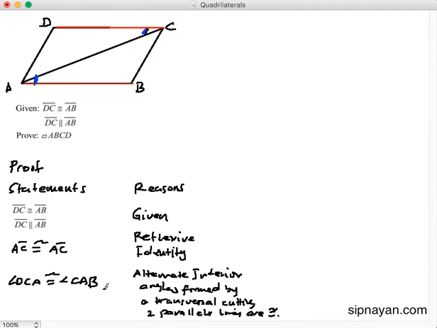Ito yan. Tapos, napatunayan din natin that AC is congruent to itself. Ano napapansin nyo sa dalawang triangles? Side, angle, side. Side, angle, side.